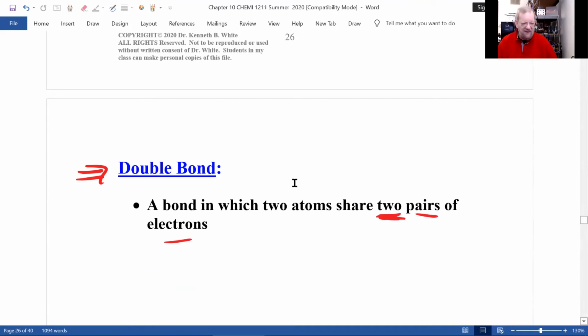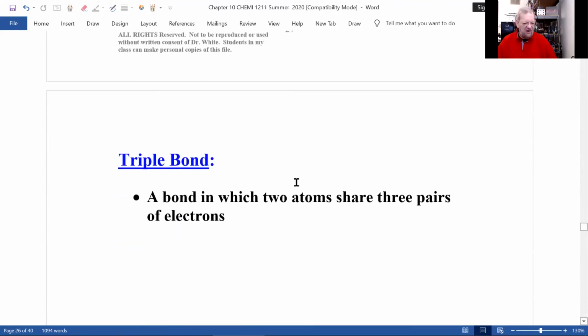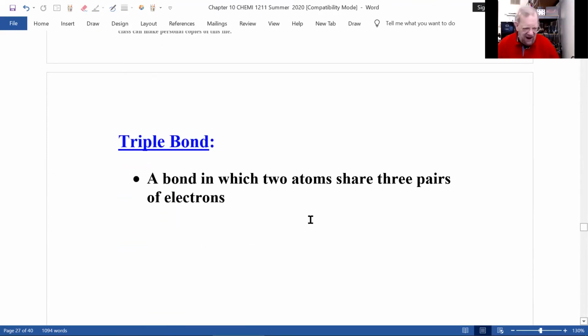And there's more. You can also have a triple bond. A triple bond is a chemical bond in which two atoms share three pairs of electrons. So triple bond, you have three pairs of electrons being shared between two atoms.